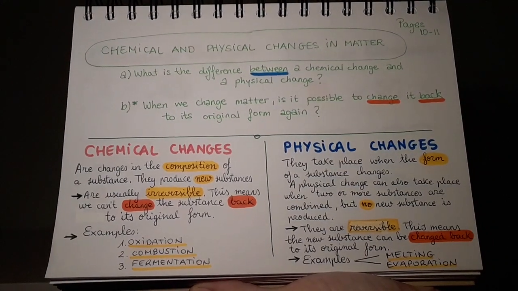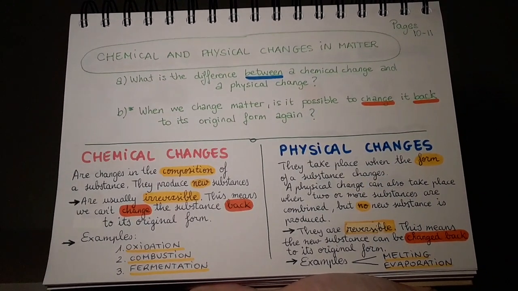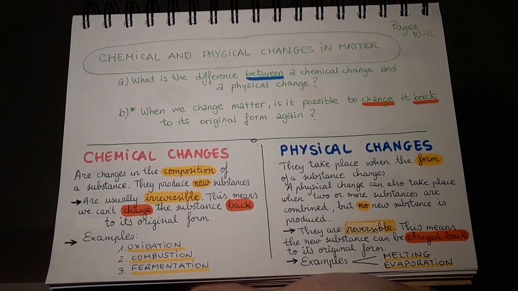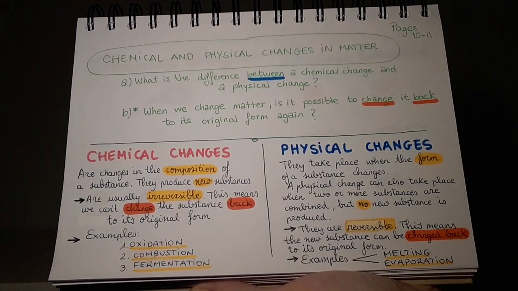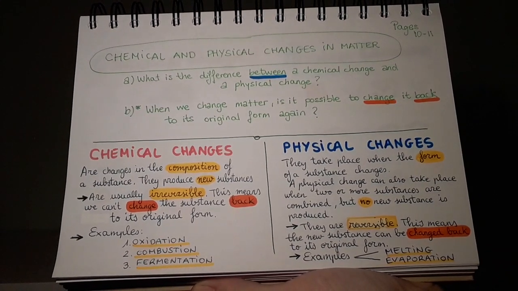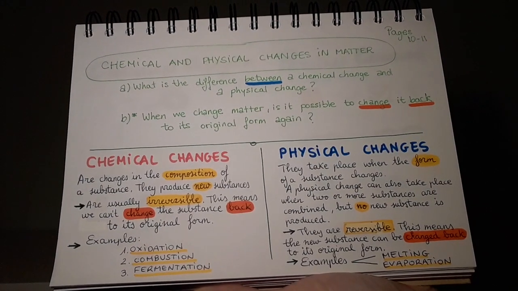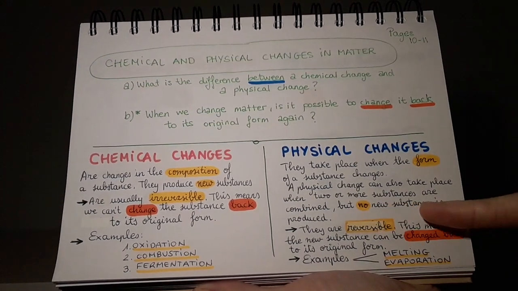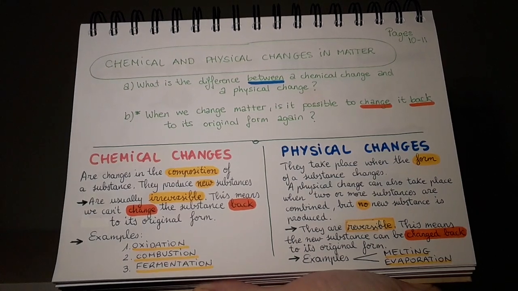All right. Physical changes. They take place when the form of a substance changes. A physical change can also take place when two or more substances are combined, but no new substance is produced. Okay?